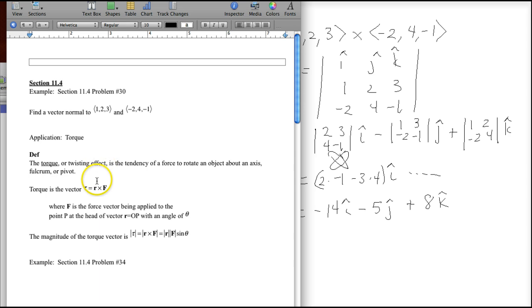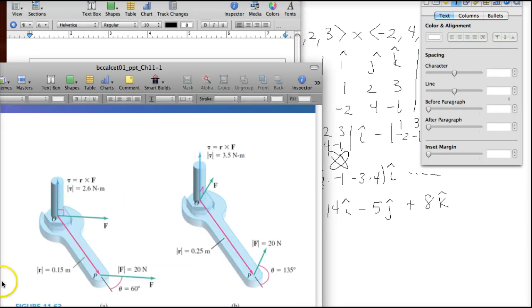And the example in your textbook that they give is a wrench like this, where you have some kind of lever or arm, and there's going to be some kind of a force applied to it at some kind of an angle here, right? So we've got this arm right here and a force F of a certain magnitude and direction. Imagine this is like the effect of you trying to loosen a bolt using a wrench, and you're going to push down on the end of the handle at a certain angle, right?